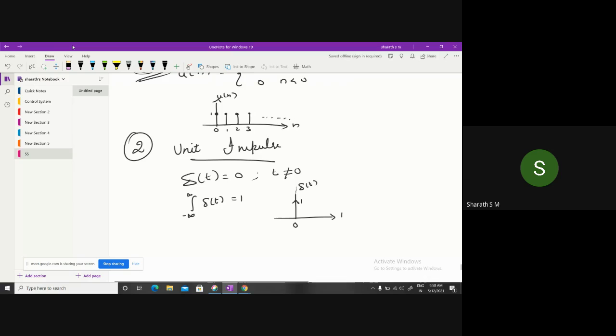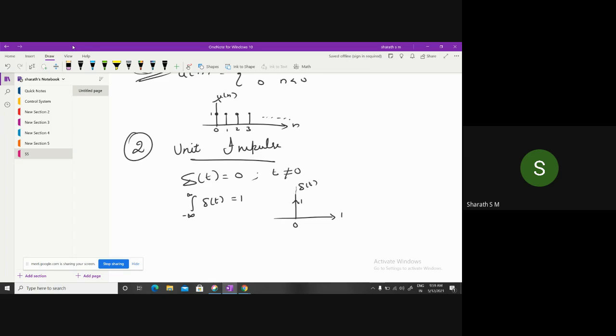This is a signal delta of t. So at 0, this arrow mark concludes delta of t. The arrow of the impulse function is 1, which concludes that the area under the particular pulse is equal to 1.